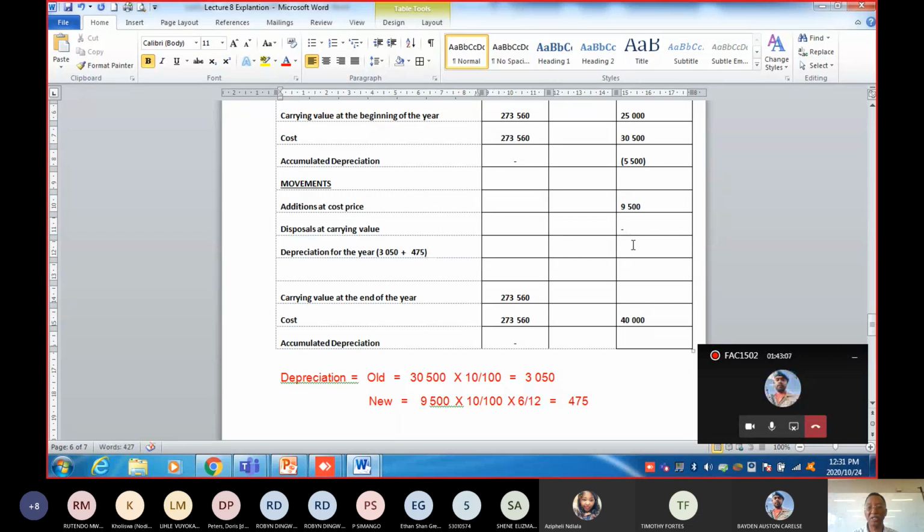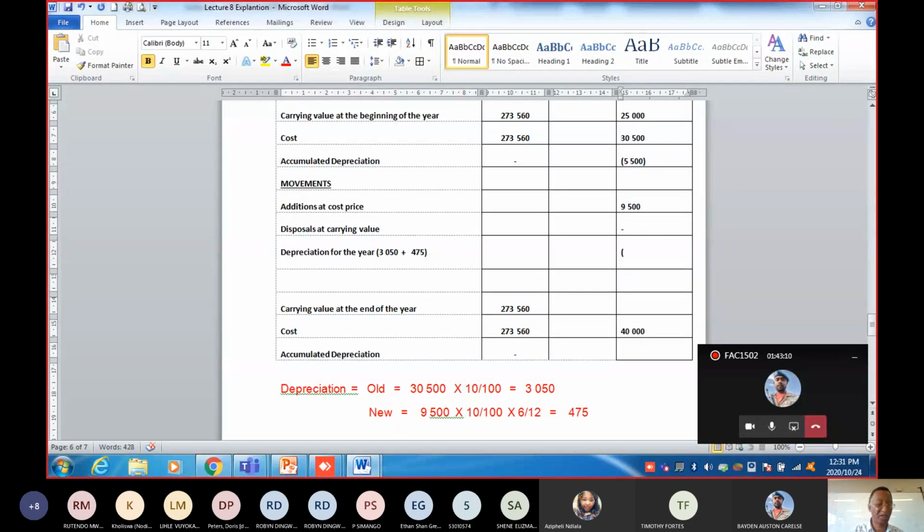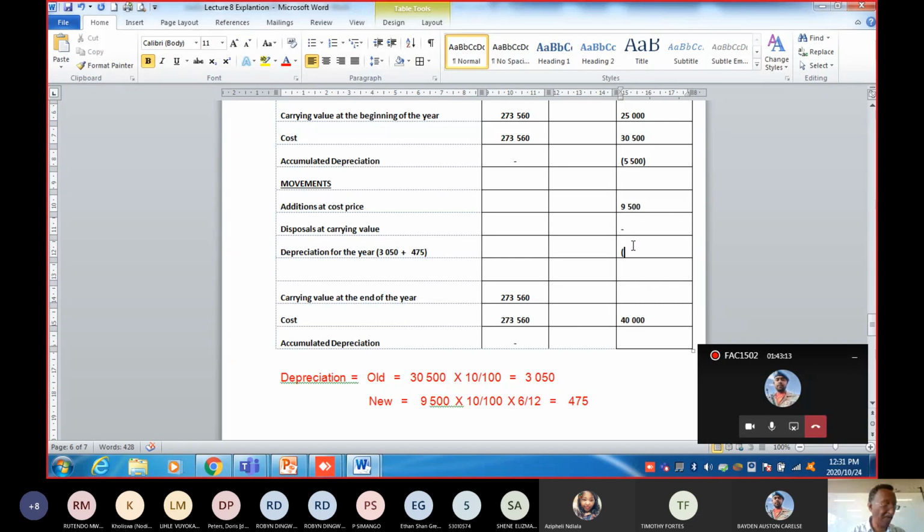And your depreciation expense for the year is therefore 3,525 rand. That is your depreciation expense on your equipment.